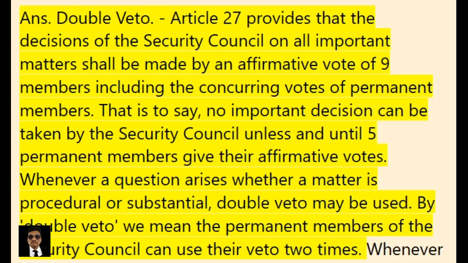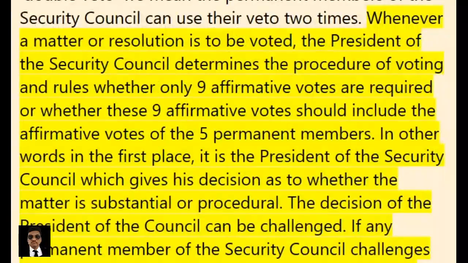By double veto we mean the permanent members of the Security Council can use their veto 2 times. Whenever a matter or resolution is to be voted, the President of the Security Council determines the procedure of voting and rules whether only 9 affirmative votes are required or whether these 9 affirmative votes should include the affirmative votes of the 5 permanent members.